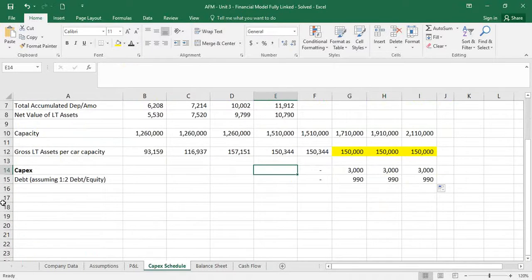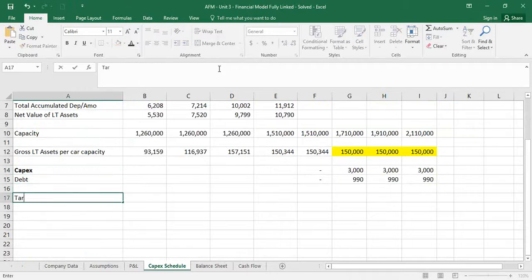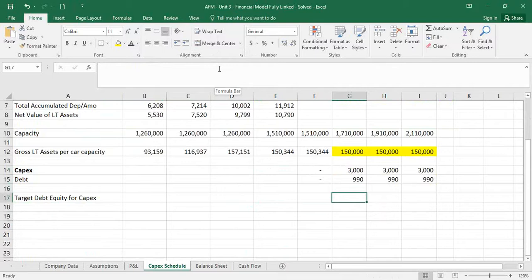Now what we can do is, instead of putting the assumption here, assuming a 1:2 debt equity, we can say target debt equity for capex. Right now, the company could choose to say that I'm going to choose 50% or 0.5, right? And let's convert this to decimal.